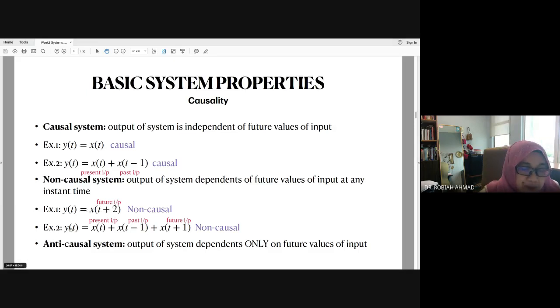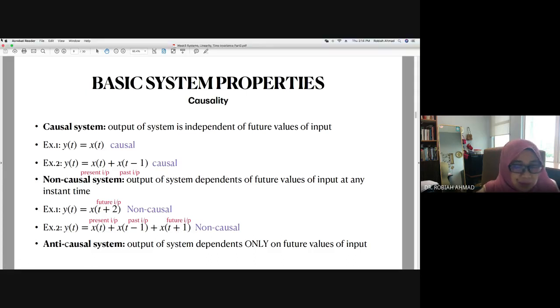For example 2, yt equals xt plus xt minus 1: this one is based on the past, but we have one component that depends on the future, therefore the system falls under the category of non-causal. An anti-causal system's output depends only on future values of the input. So this is causality.